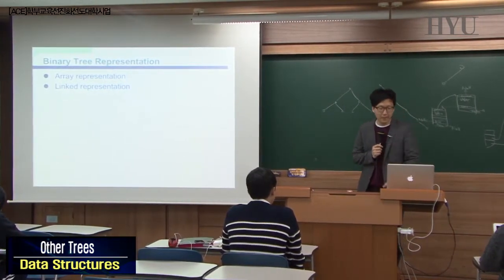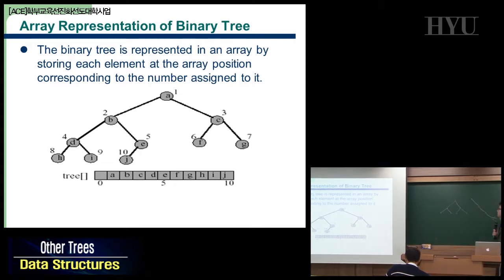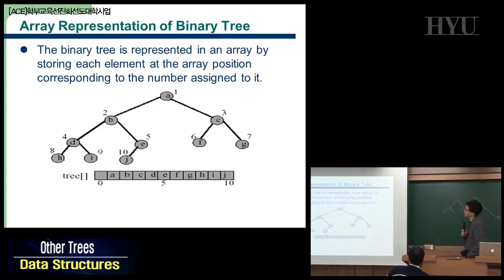We'll see. Array representation of the binary tree. The binary tree is represented in the array by storing each element at array positions. Obvious? But what seems to be a problem here? That's a very dumb problem. When we number these elements for this full binary tree, we start from 1, right? The array we usually index by 0.